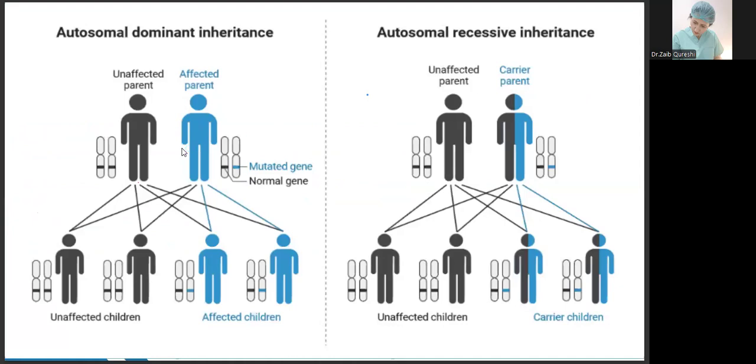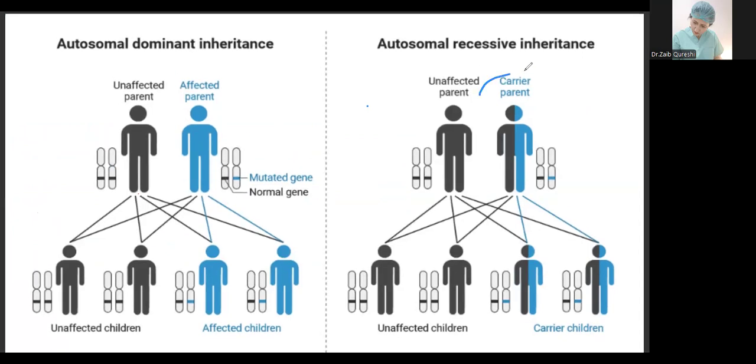Now, again, we are back to this slide and you can see the autosomal dominant inheritance, what we discussed and what we drew. It was clear. Now, one carrier parent situation is this.